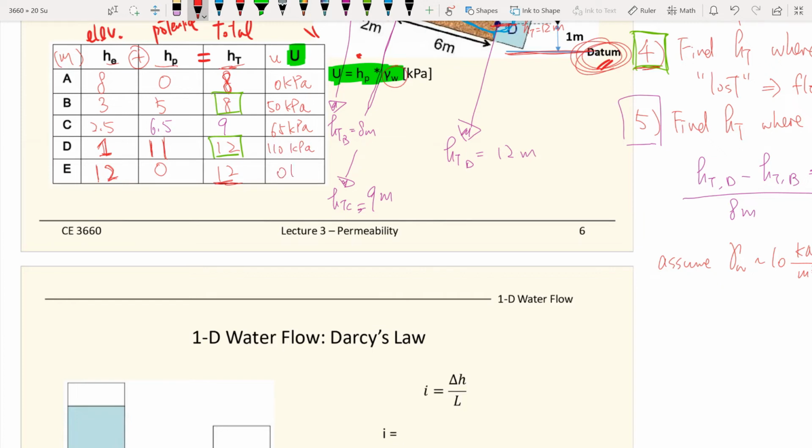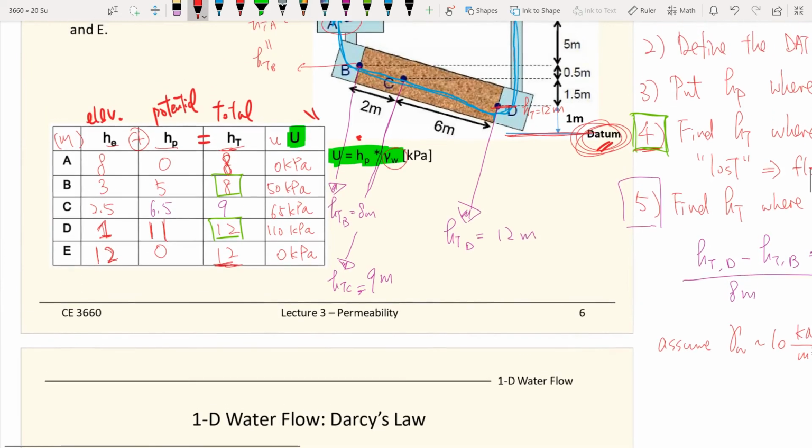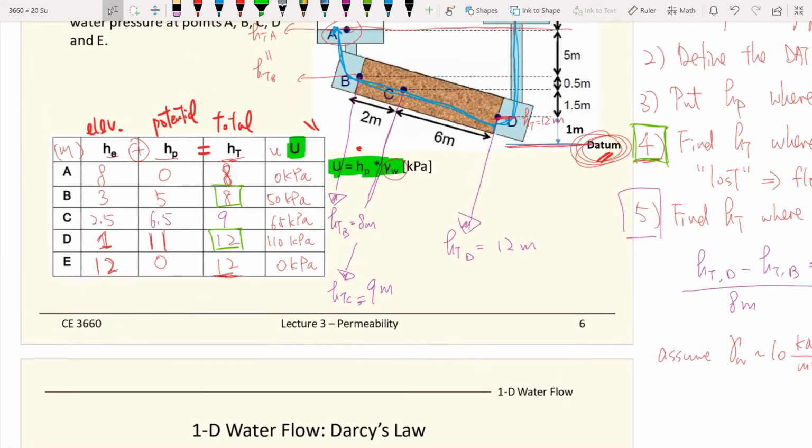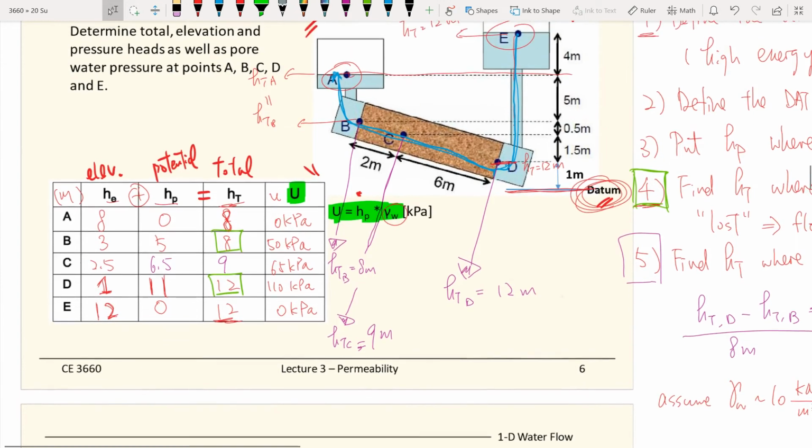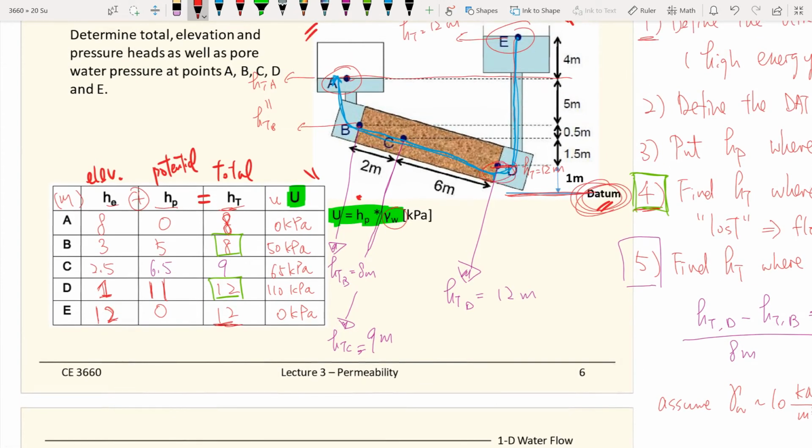At point E, when you go back to the water surface, you don't have any water pressure because it's open to atmospheric pressure. So according to your calculations, at point D you will have the highest water pressure. That may be the location you're concerned about for failure conditions. So this is a quick example to demonstrate how to calculate all the heads.